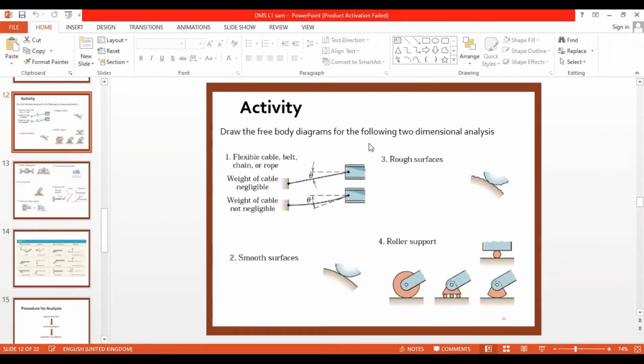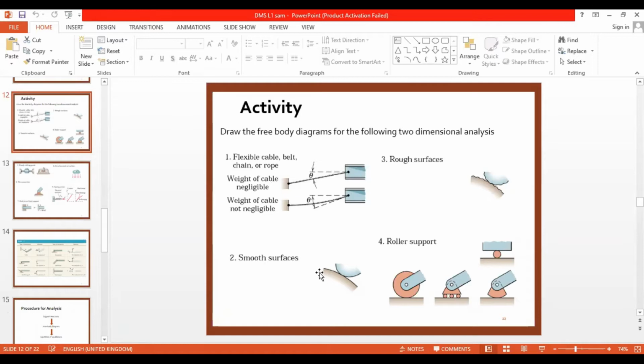We draw a free body diagram only for the body, not the surface or plane or whatever it is supporting. If you assume this case, this is some kind of support, and this is also some kind of support, but this is a cable. In this case, this is a surface and this is an object.